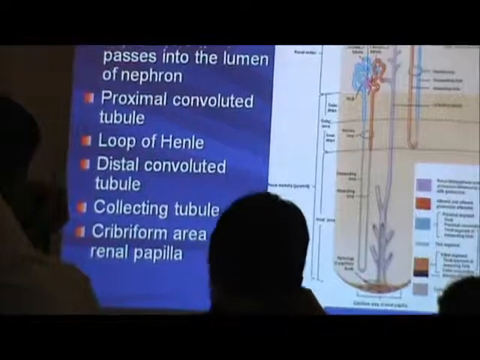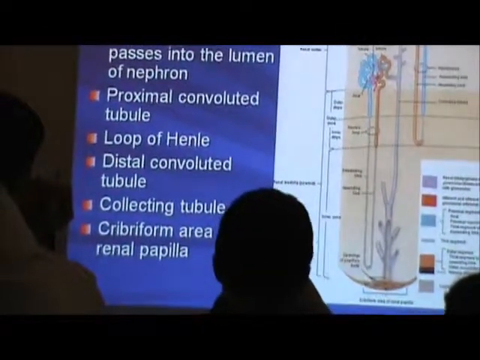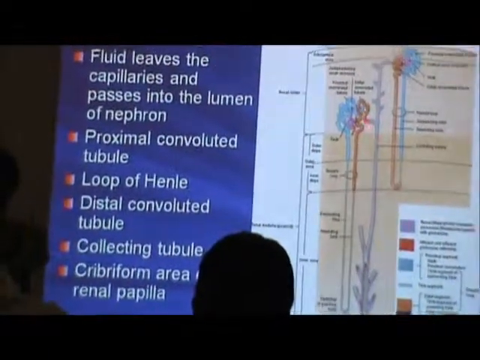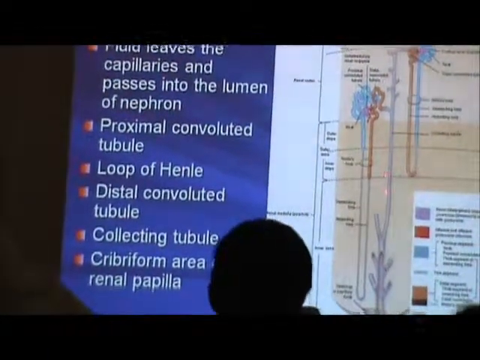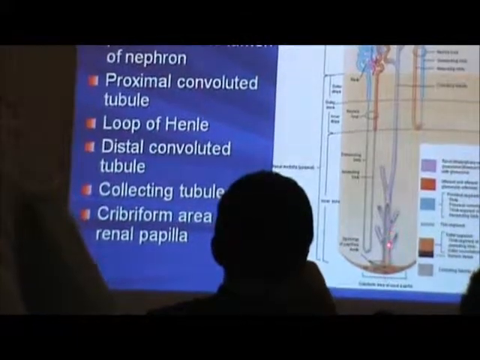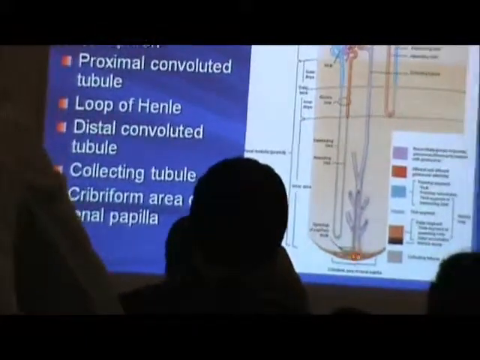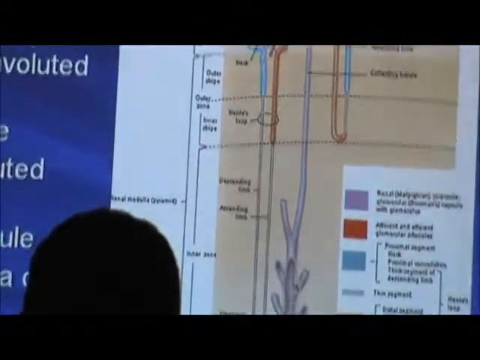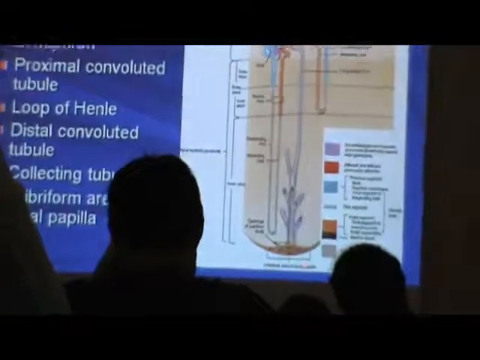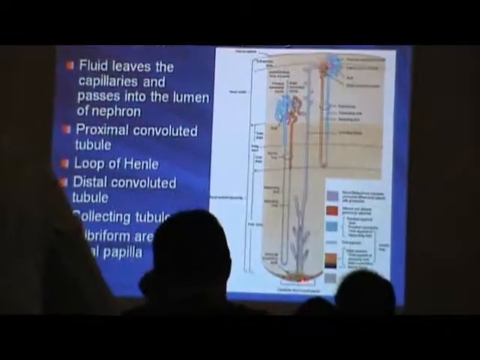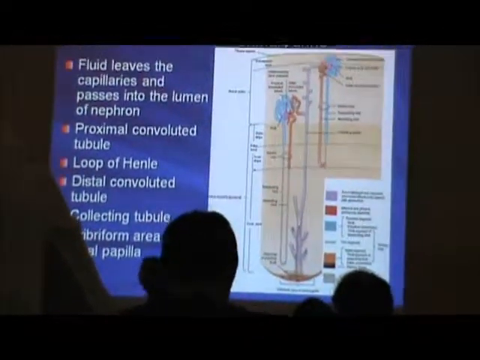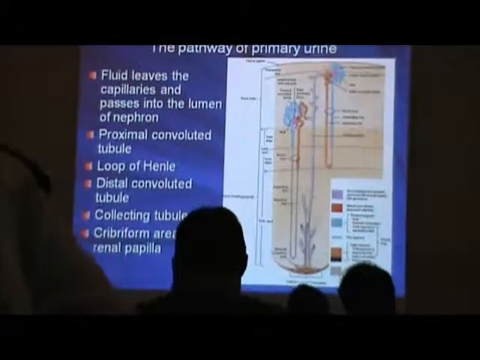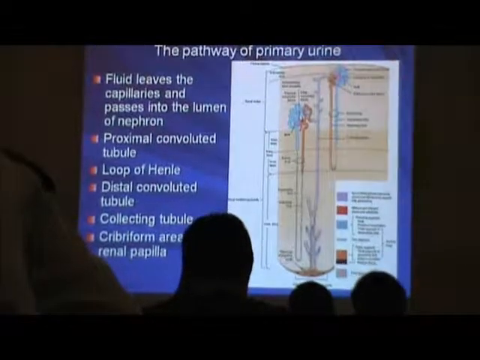Next there is the distal convoluted tubule, and finally there is a collecting tubule. Here we can see the openings of the papillary ducts, located at the renal papilla. We can call it the cribriform area of the renal papilla. In some of our specimens, you will see such a cribriform area of the renal papilla.